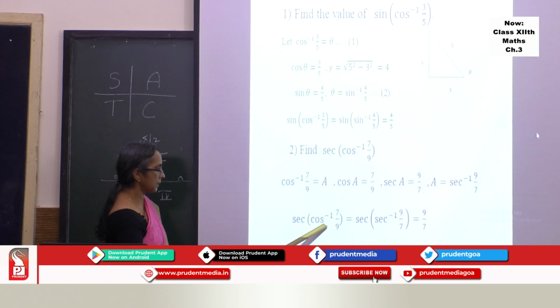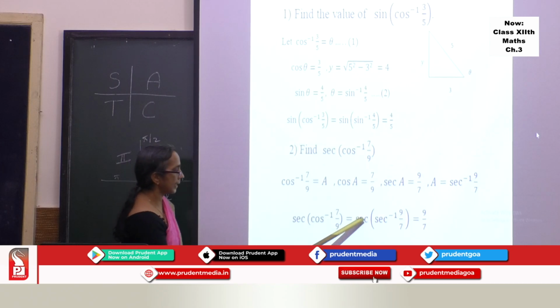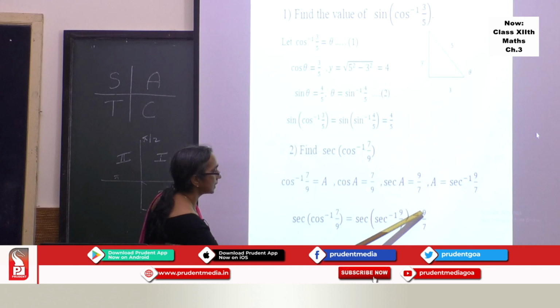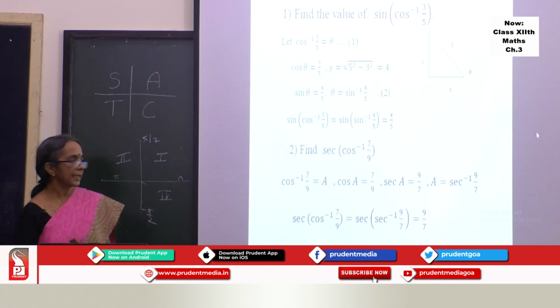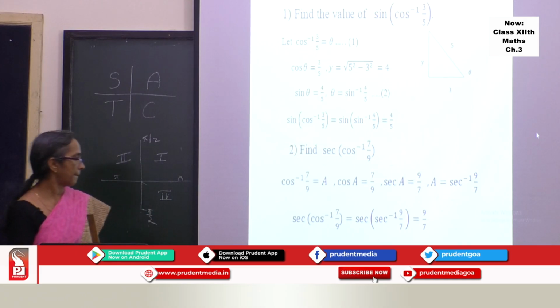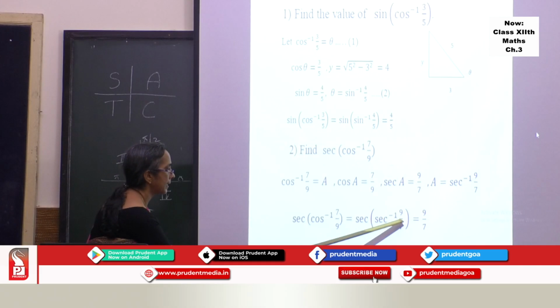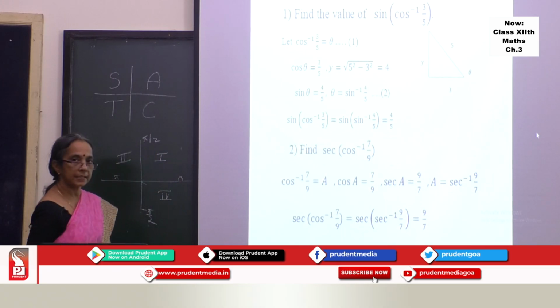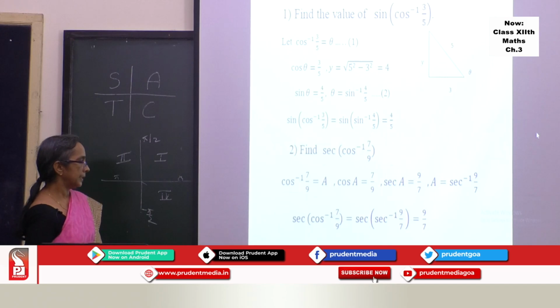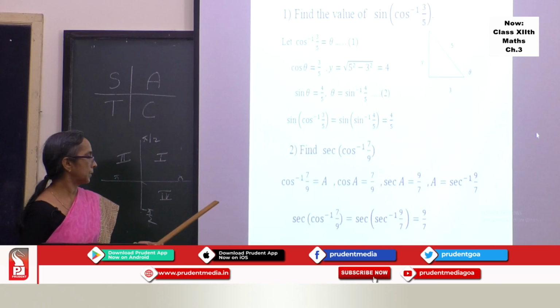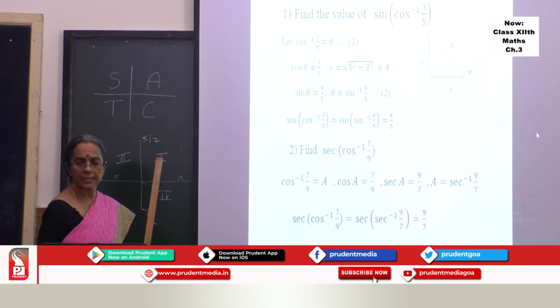So, sec of cos inverse of 7 by 9 we can write as sec of sec inverse of 9 by 7, which is equal to 9 by 7. Since it is in the range, we are getting 9 by 7.